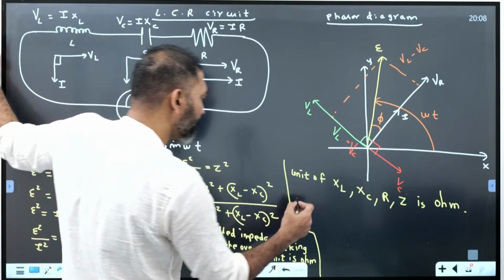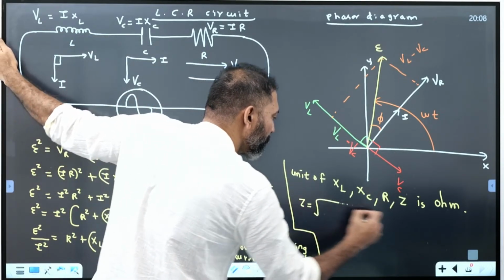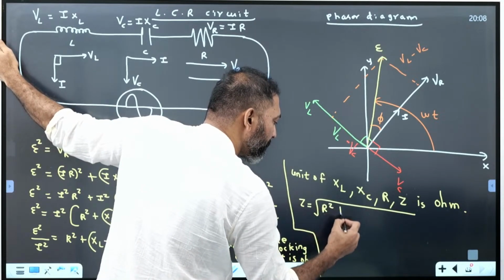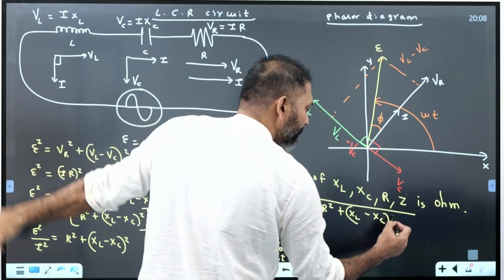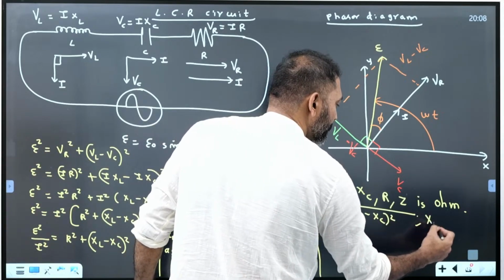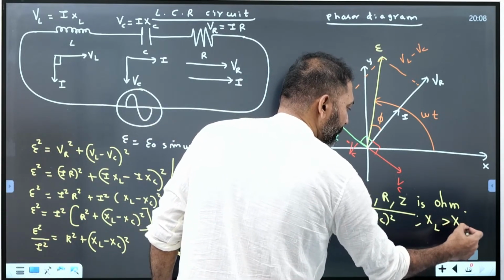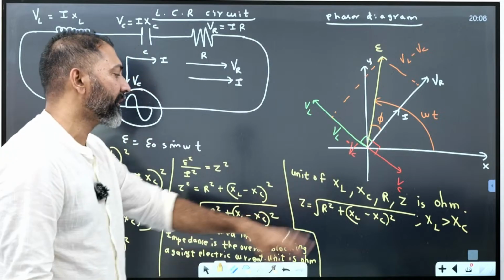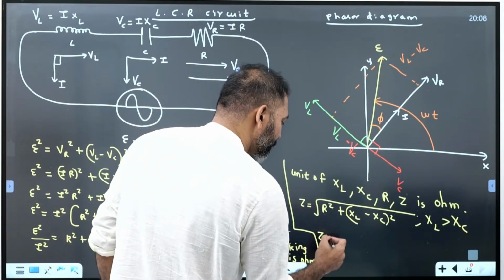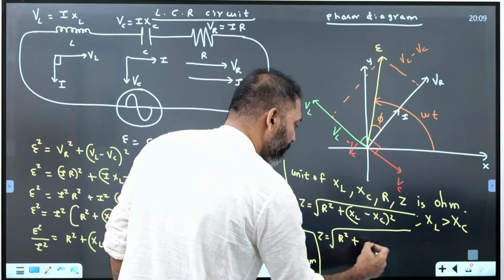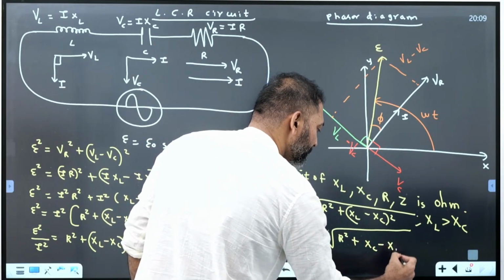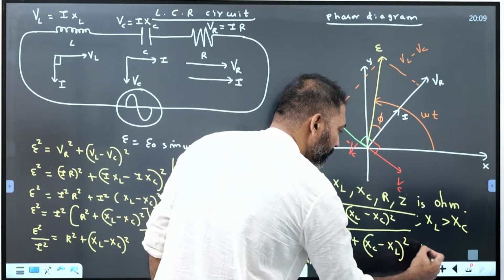See, I am writing Z equal to root of R square plus (XL minus XC) the whole square, since I am assuming XL greater than XC, or inductive reactance greater than capacitive reactance. If in some case capacitive reactance is greater, then it is R square plus (XC minus XL) the whole square.